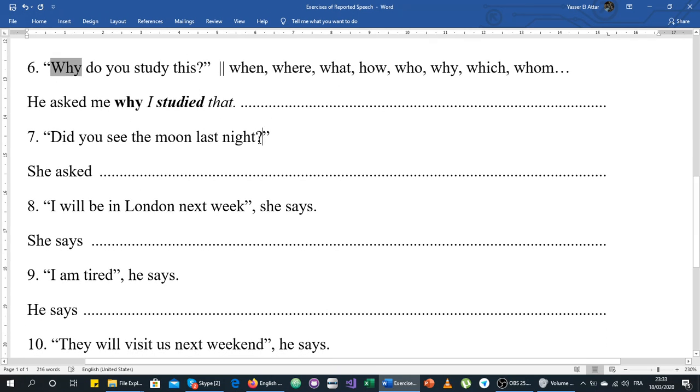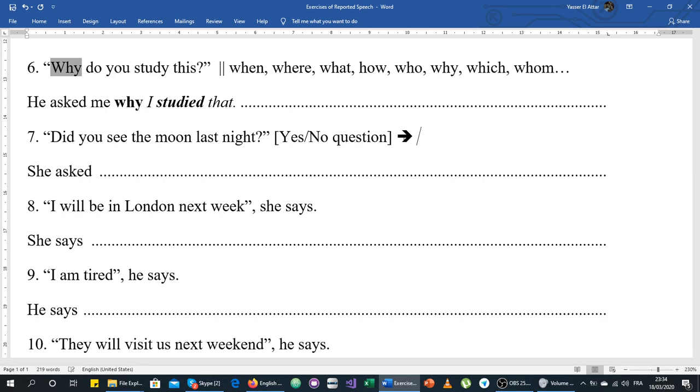Here we also have another question, but this one doesn't start with any of these, so it is a yes or no question. So he or she asked. Here we don't specify, we don't have me, for example. So you can be changed to anything, but before that we said this is a yes or no question, and when we have a yes or no question, what do we add?